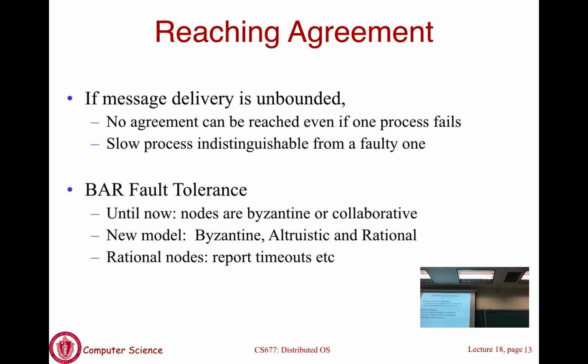They have to say this is the right answer for whatever it is they are doing. That means that if just one node is up, it cannot agree with anyone else. You need more than one node to reach agreement, by definition. So even with only one failure, you would need at least 2F plus 1 nodes, so that 2 nodes are up that can talk and agree on the result of a computation. That's something to keep in mind as we move forward.